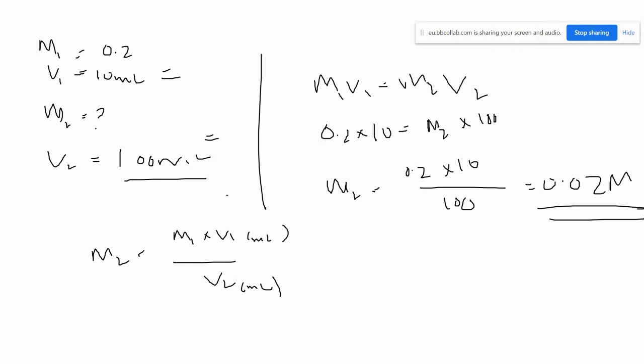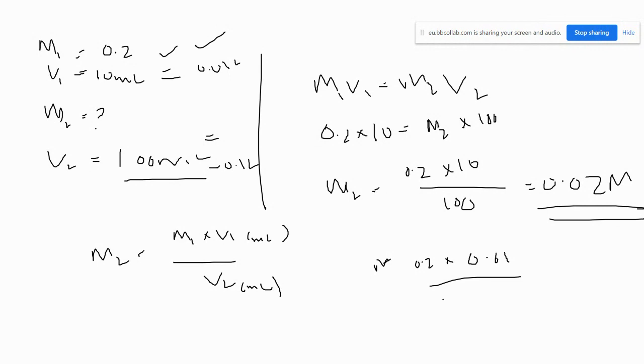If a dilution is there, V1 will be in milliliter, V2 will be in milliliter, no need to change here. Okay, this is 100 milliliter. I will take 0.1 liter. I will divide by 0.1 liter. If you do the same, the answer will be the same. M1, 0.2. V1 is how much? 10 ml. You change into 0.01 liter.